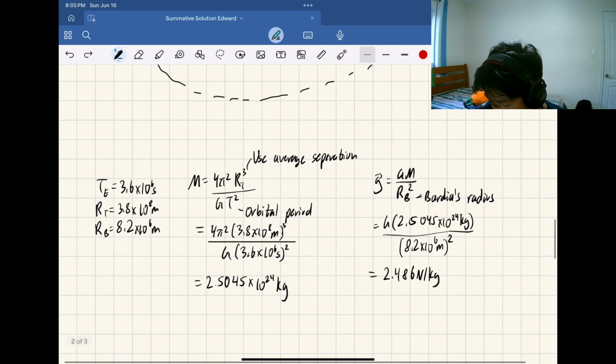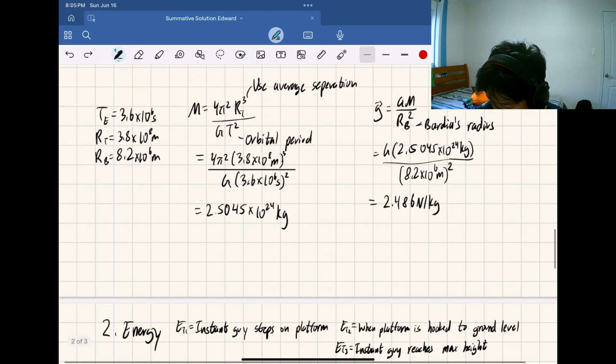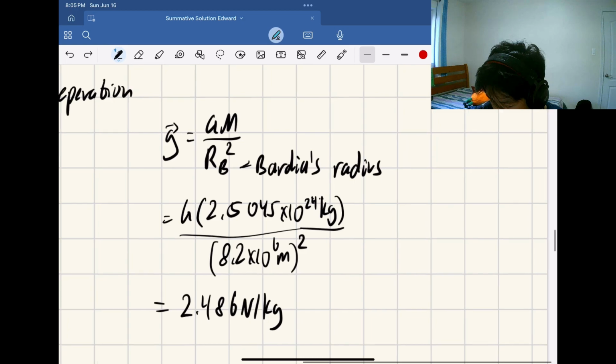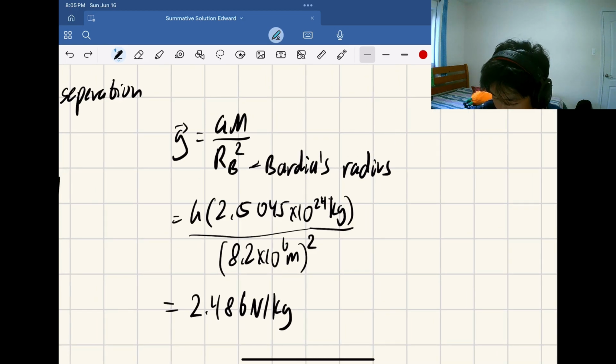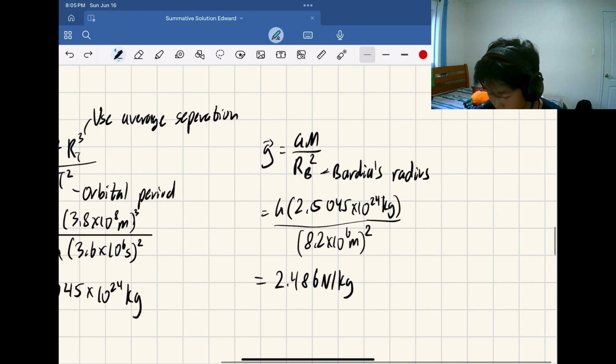So this is useful because once we get the mass of Bardia, we will need to find the g value on Bardia. And it's not 9.8 like it is on Earth because Bardia is not Earth.